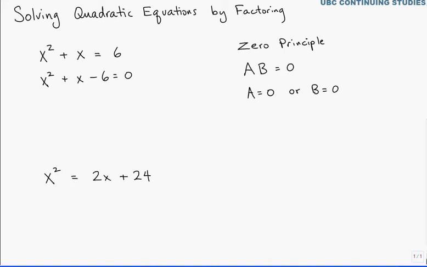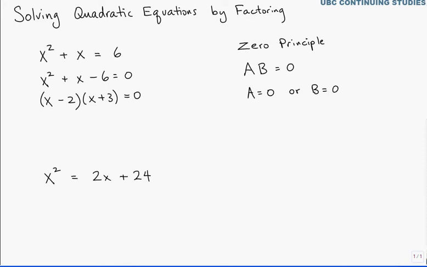So that's the first prerequisite for using the zero principle. The next one is to write the left-hand side as a product. In other words, factor the left-hand side. And to factor that trinomial, we're looking for two numbers with a product of -6 and a sum of 1. Those two numbers are -2 and +3. So we can write this as x minus 2 and x plus 3.